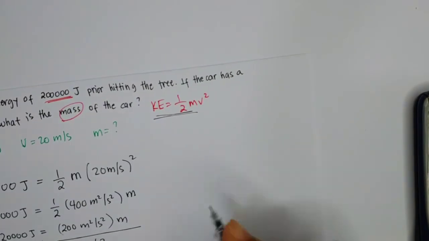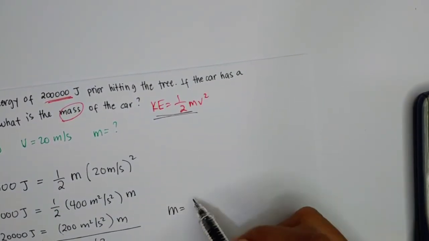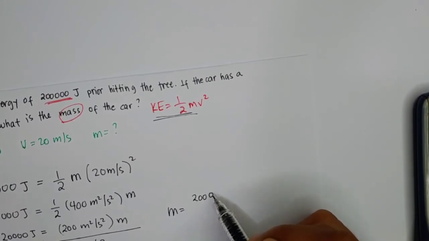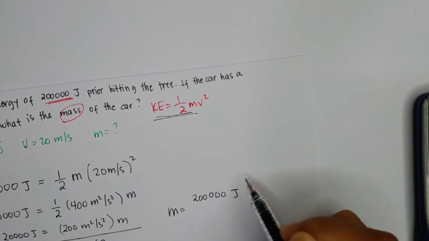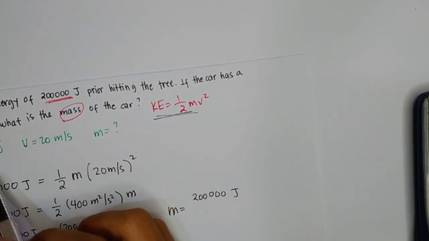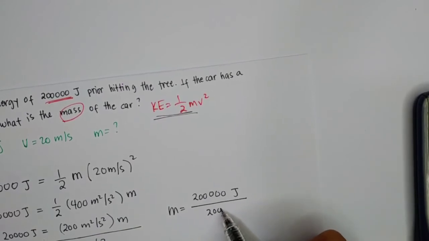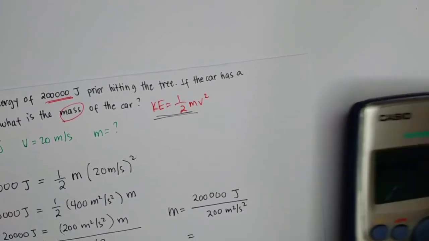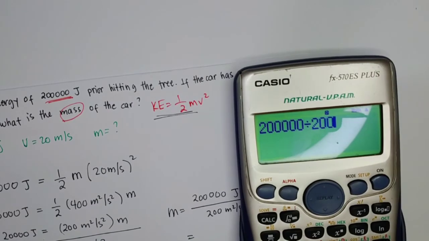Okay? So, we have here divide both sides by 200 meters squared per second squared. So, yung mass will be 200,000 joules over 200 meters squared per second squared. So, this will be 200,000 divided by 200.